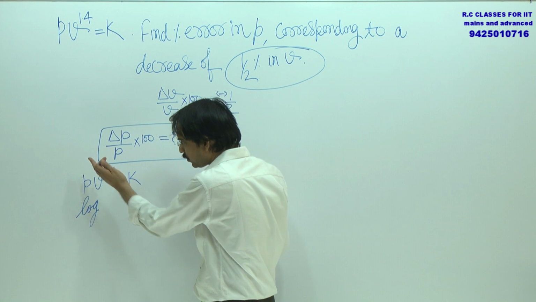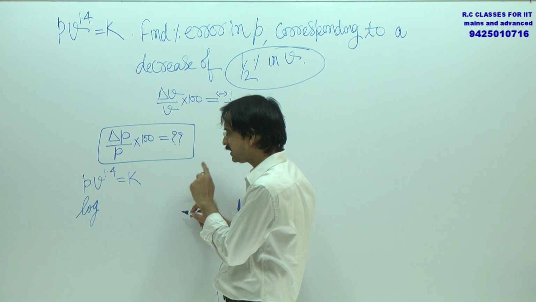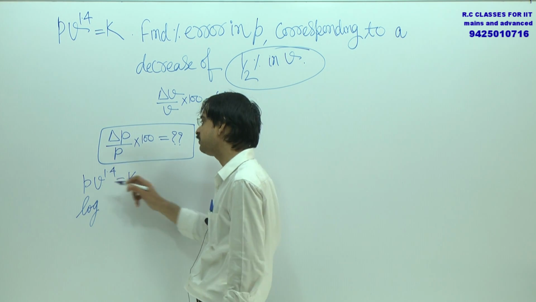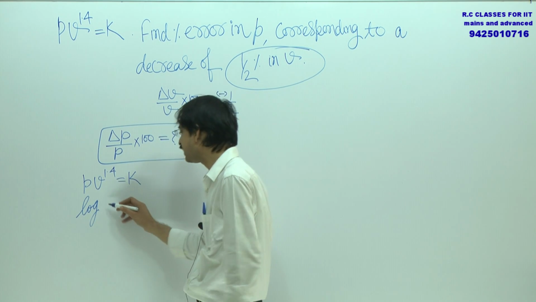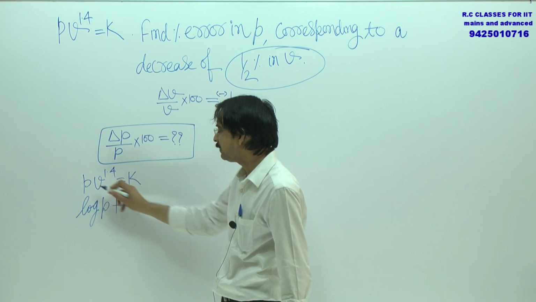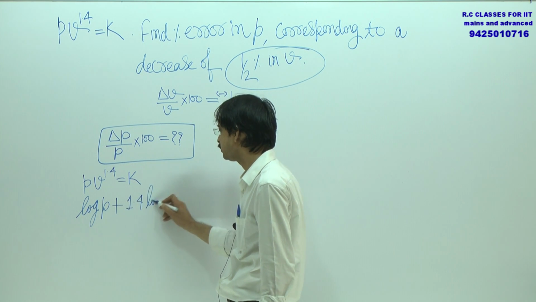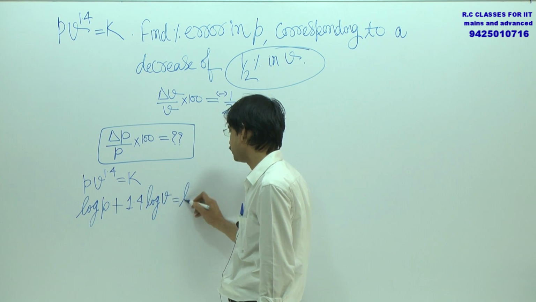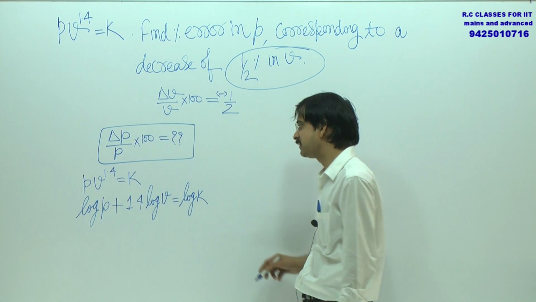We can apply the product rule also, but we are taking log first. We want to differentiate with respect to volume, since we want dP by dV, but before differentiation we are taking log. If I take log, multiplication comes in addition, power comes in multiplication. And that's how we can take log both sides.